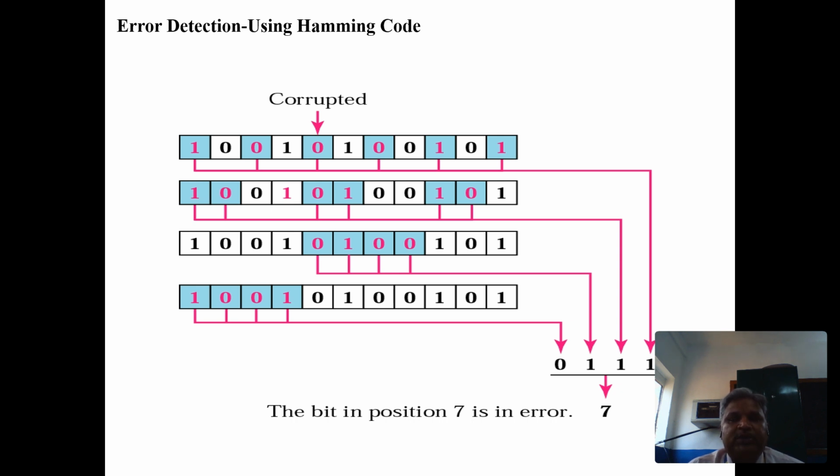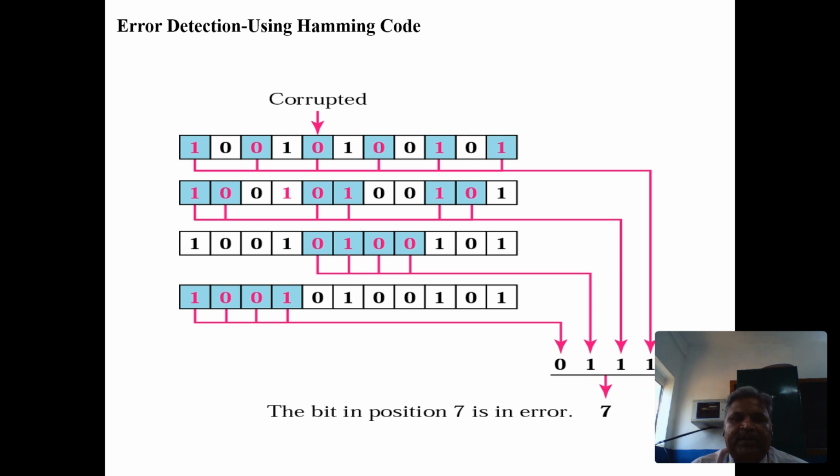For example, if you obtain 0 1 1 1 as the value of R1, R2, R3, R4, it is equal to the decimal value of 7. So it should be interpreted as: the bit at position number 7 should be reversed. If it is 0, convert it to 1. If it is 1, convert it to 0. That's how we perform error correction.